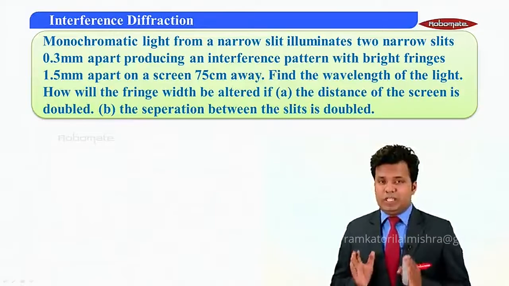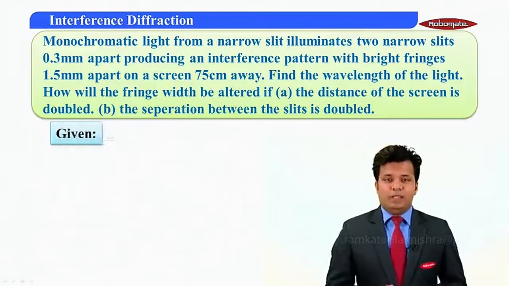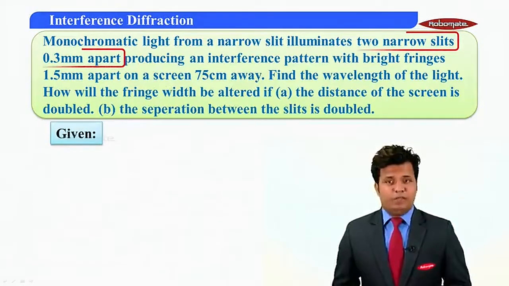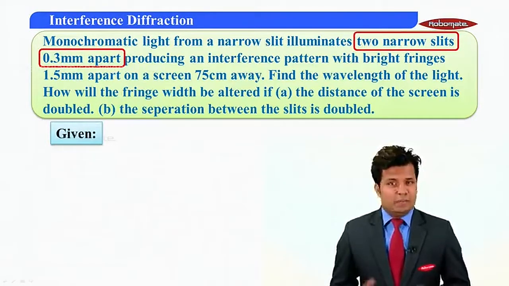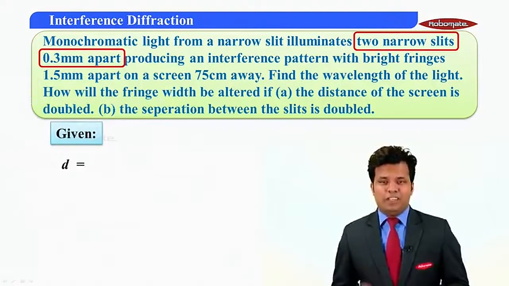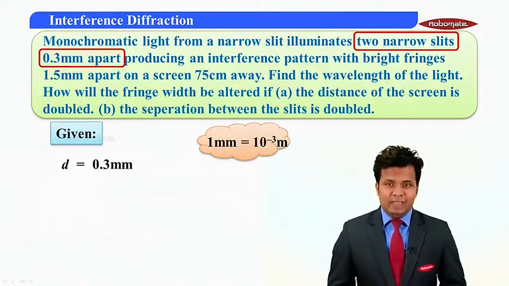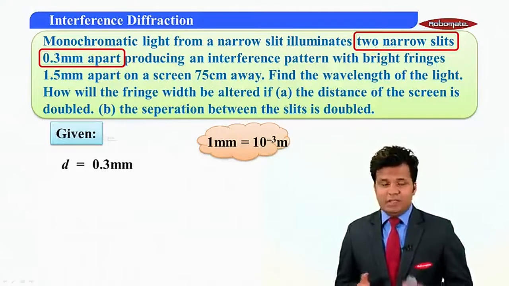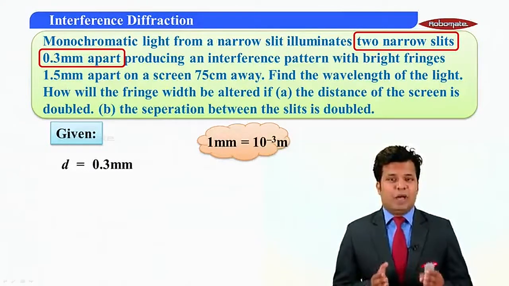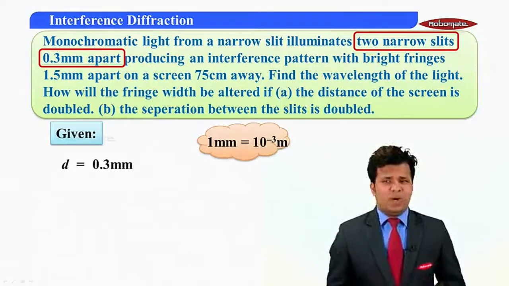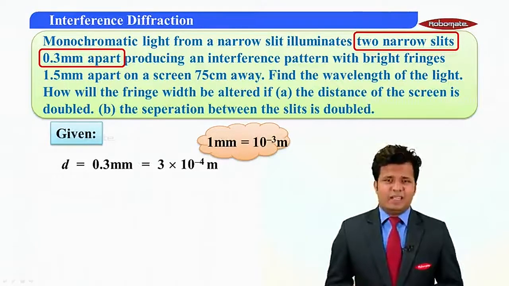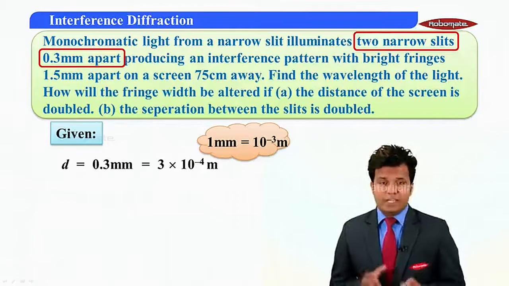We have to find three things here, and let us note down what is given. Two narrow slits, 0.3 mm apart, that is small d, so small d is equal to 0.3 mm. 1 mm is 10 to the power minus 3 meter, so converting into SI unit, small d is 3 into 10 raised to the power minus 4 meter.